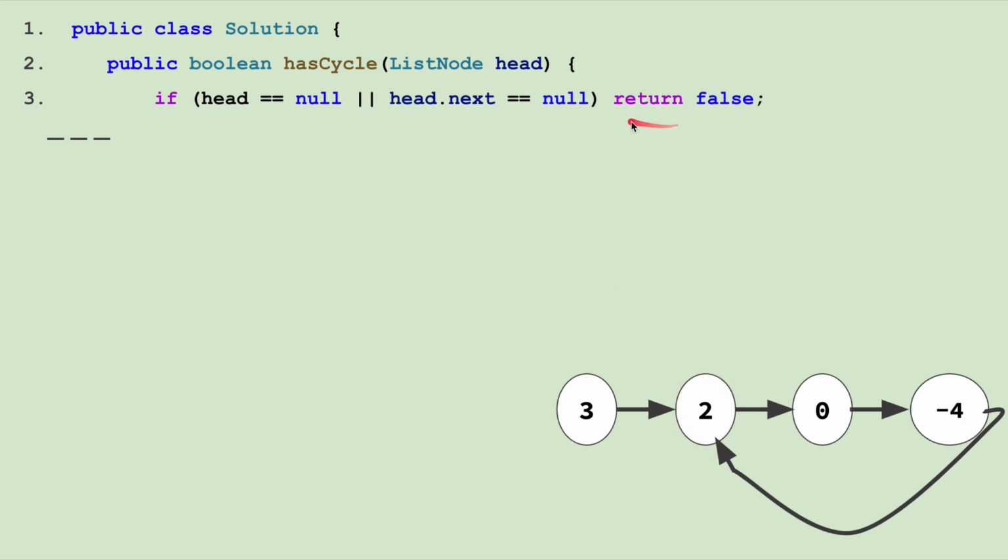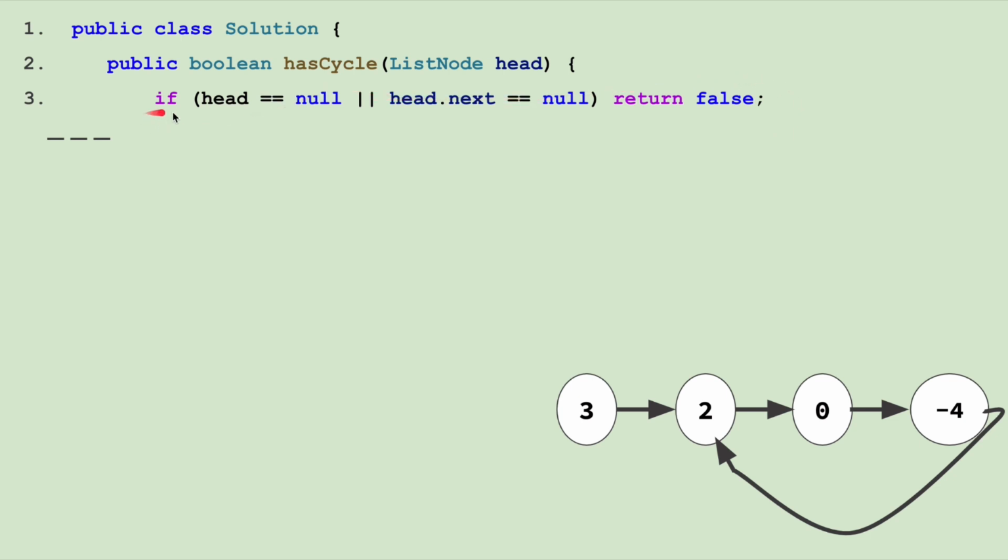In this case, we'll return false. I hope you understand, right? First we check if the head or the next node is null. In this case there is no cycle, so we return false.